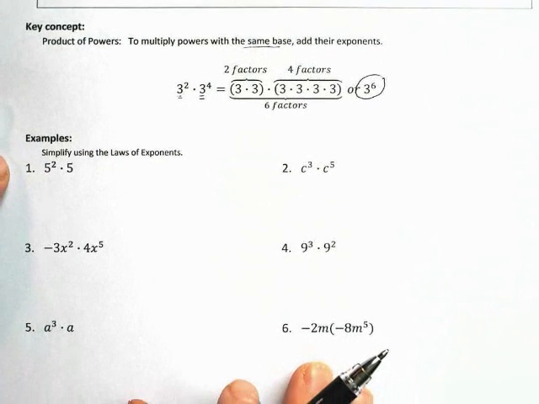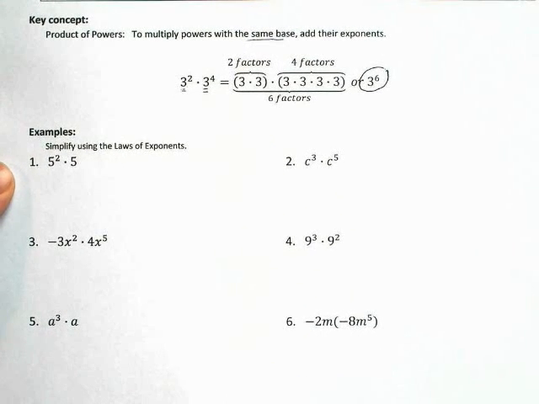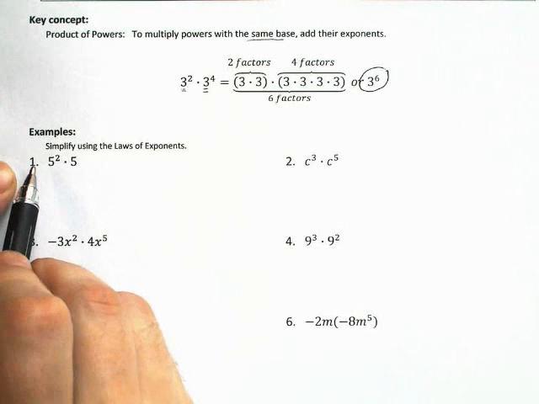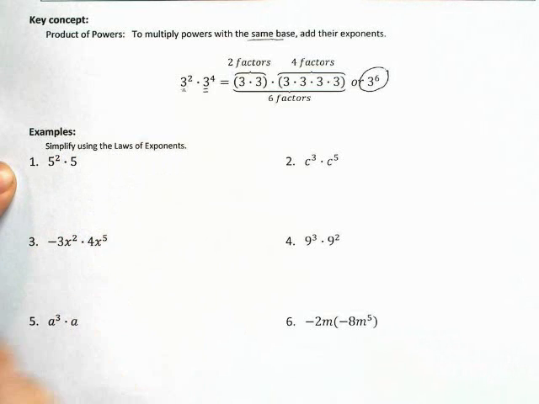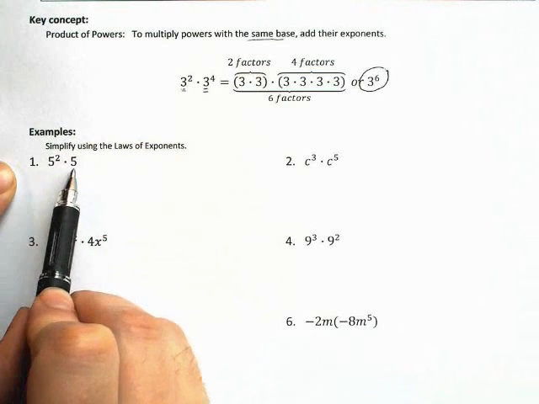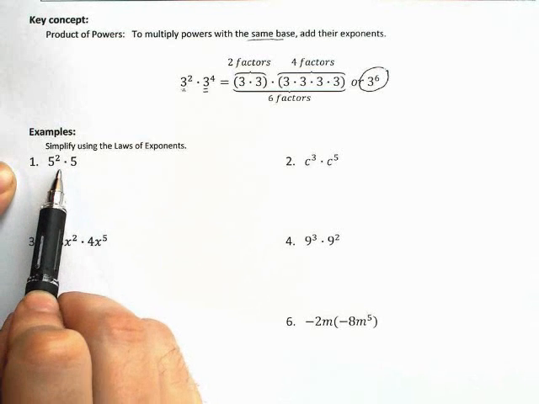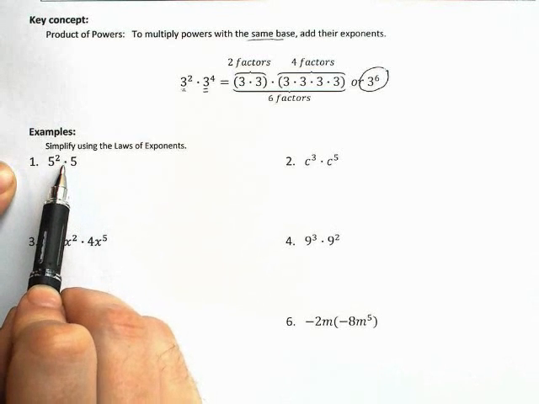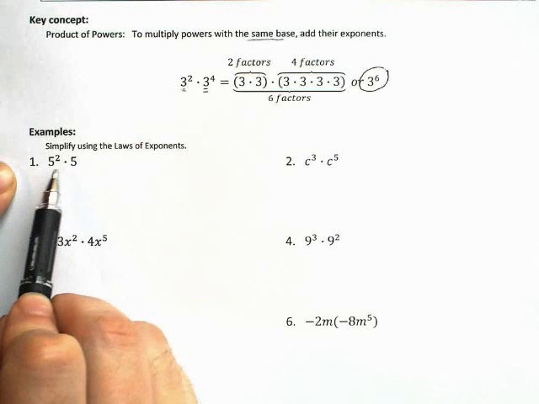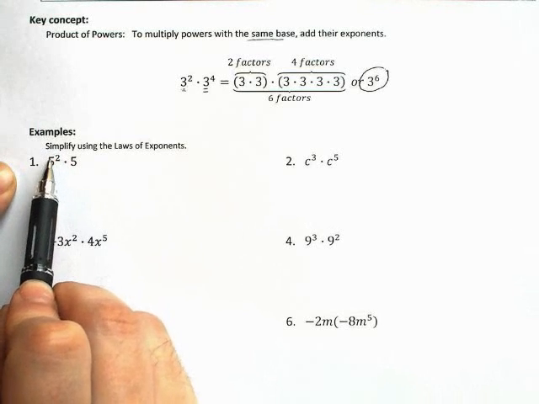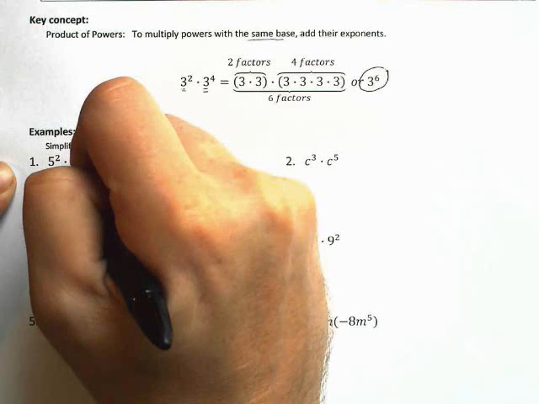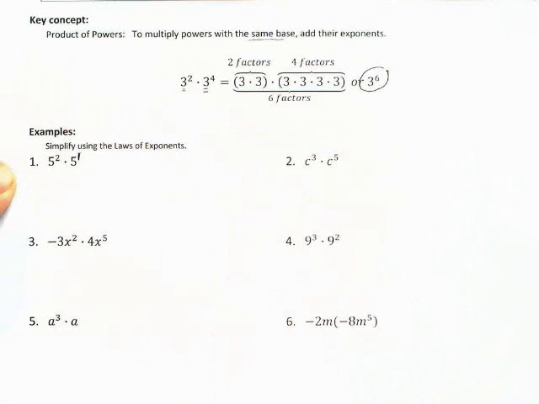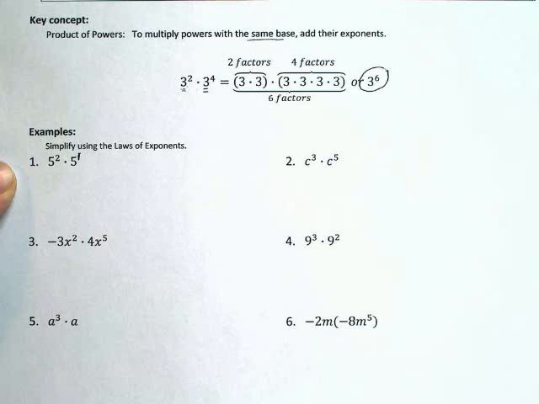I'm going to work a few for your notes and then give you some time to work the rest of them. Number 1, simplify using the laws of exponents. The law of exponents that we're going to use to do this kind of problem is a product of powers. The multiplication indicates we're doing a product, and this is called a power, and even this is a power if you think of its exponent as being to the 1st power, meaning that there's a single 5.